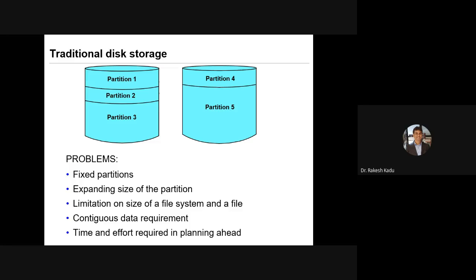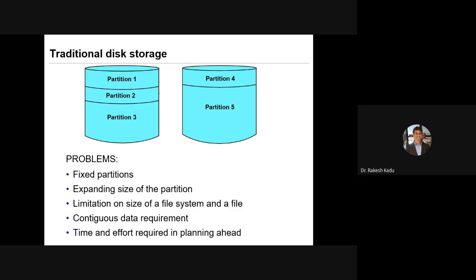For example, if partition 1 is 100 GB, partition 2 is 50 GB, and partition 3 is 400 GB, once you define those partitions at the initial stage, we are not able to change the partition size according to our requirement at runtime. So that is called a fixed partition.